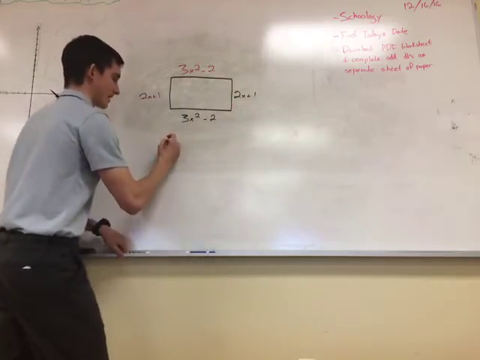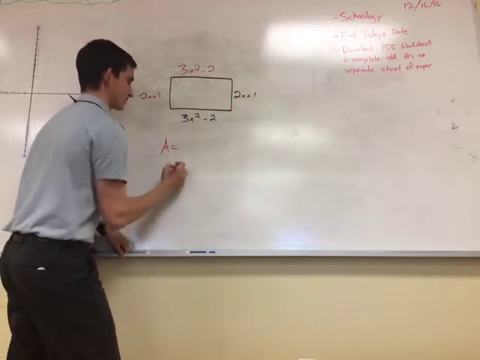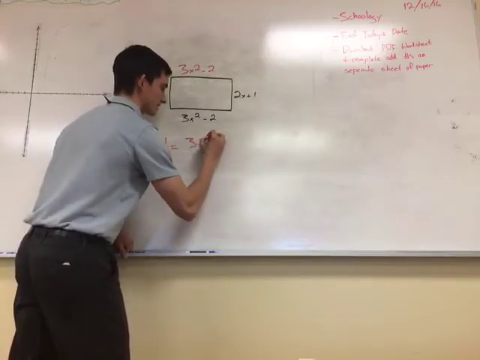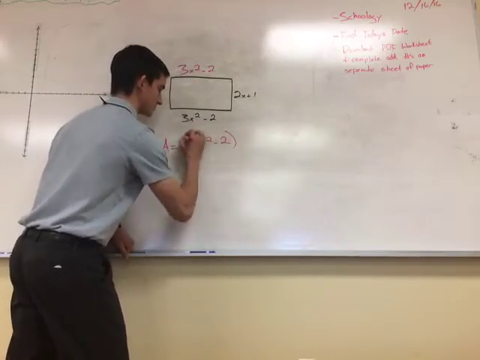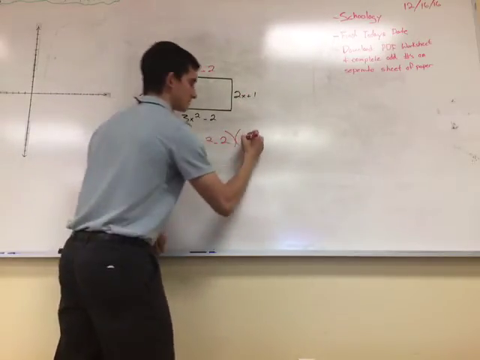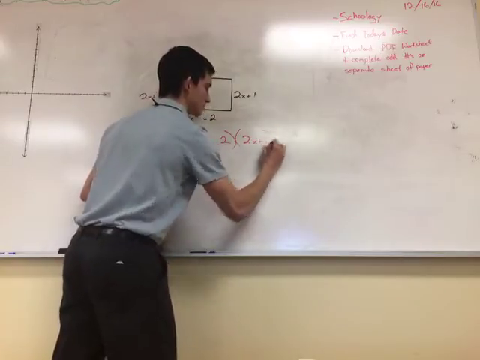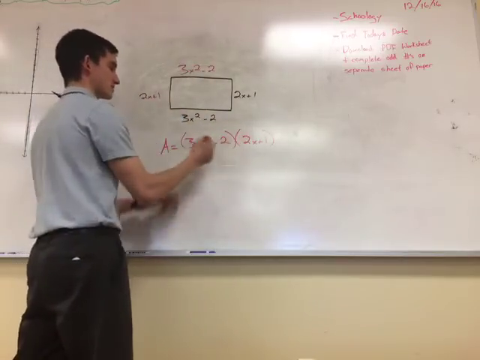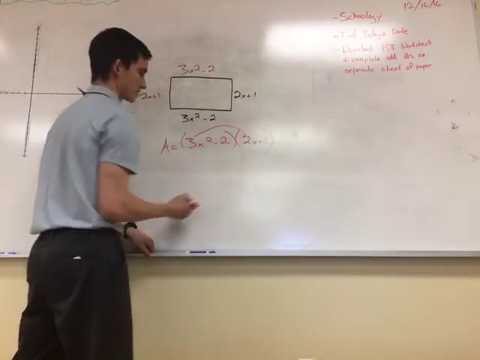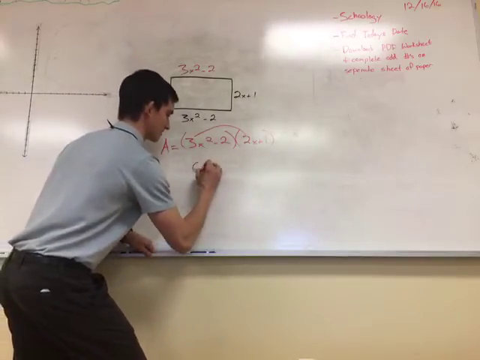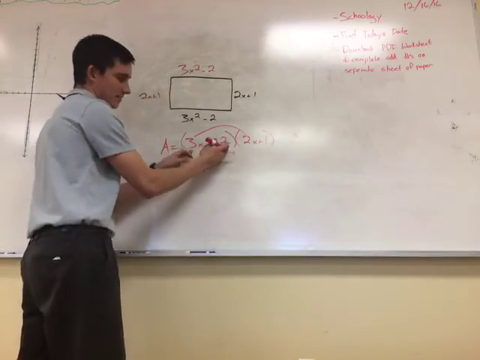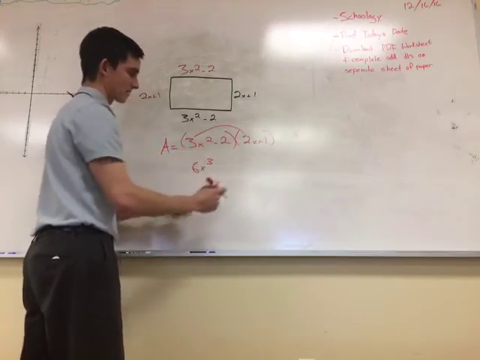For the area of this rectangle, it would be 3x squared minus 2, that's the base, times the height, 2x plus 1. So 3x squared times 2x is 6x to the third. Remember, I'm multiplying everything in here by everything in here one time.